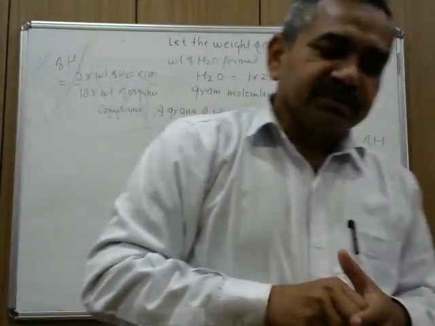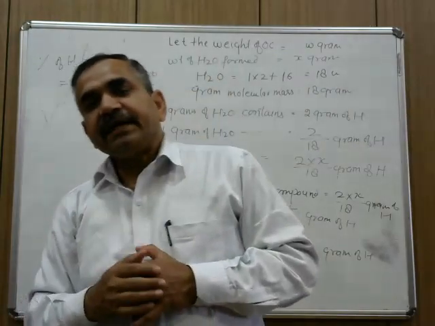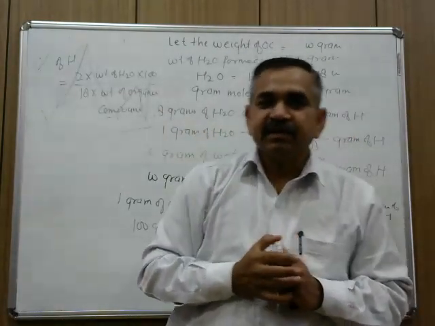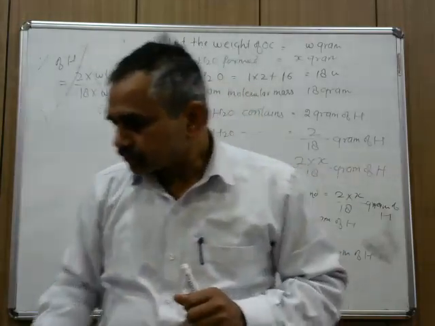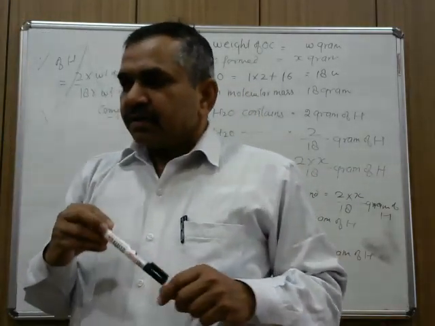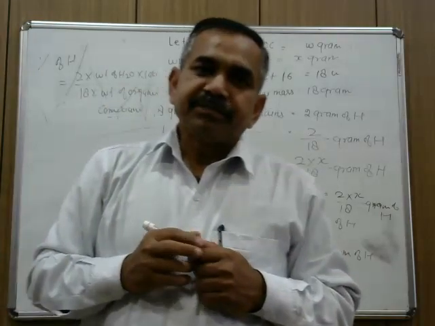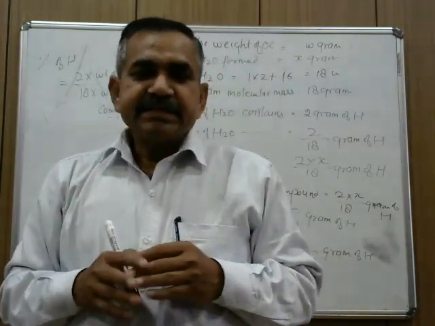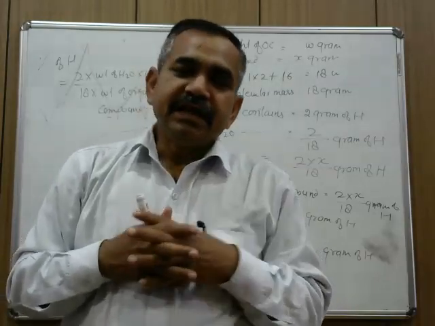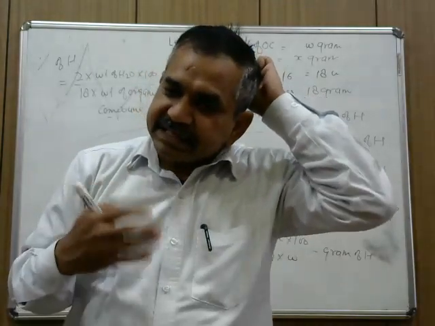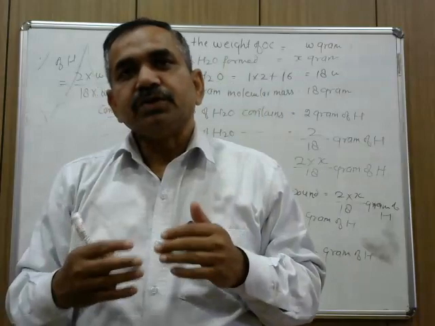So that is how the percentage of carbon and hydrogen in any given organic compound can be calculated. Before moving to the estimation of nitrogen, let us revise the things which I told you today.